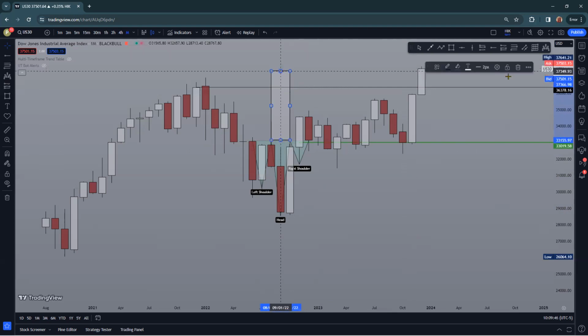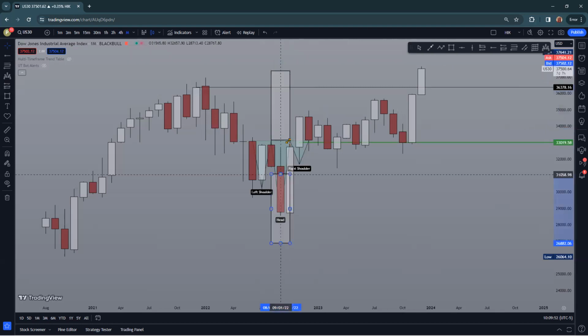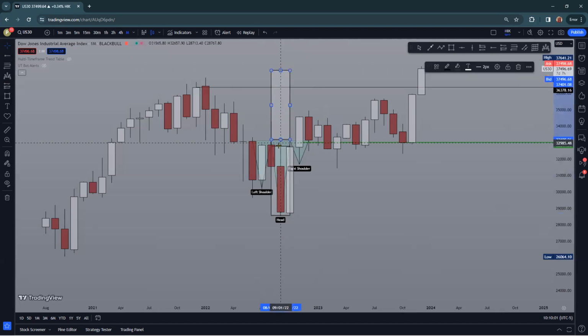Where's my clone? I cloned it. There we go. Put it right here, clone it, and put it right below the neck, right? What do we notice?